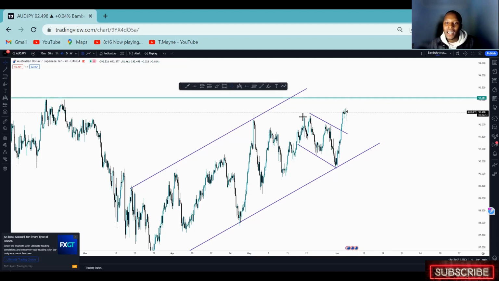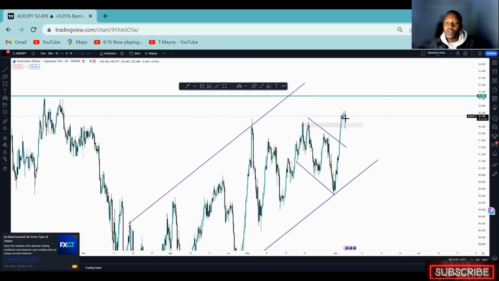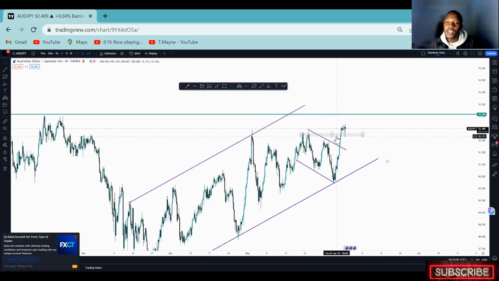Meaning that if the market is not going to sell in the short term, we'll have those buys and then come back in for the sells. All right, so that is my anticipation on this pair.